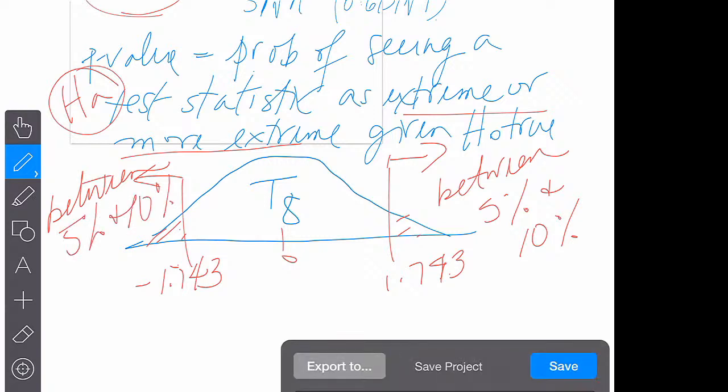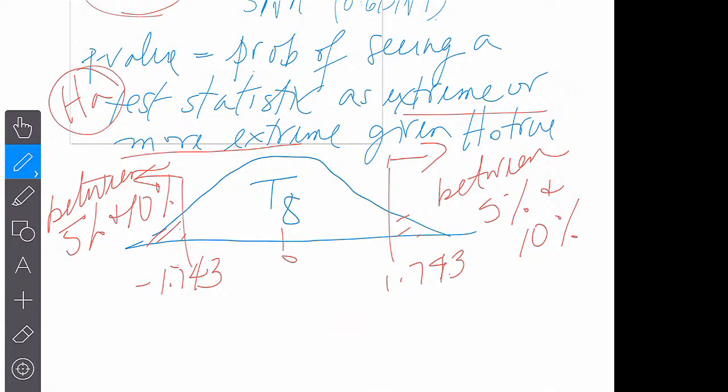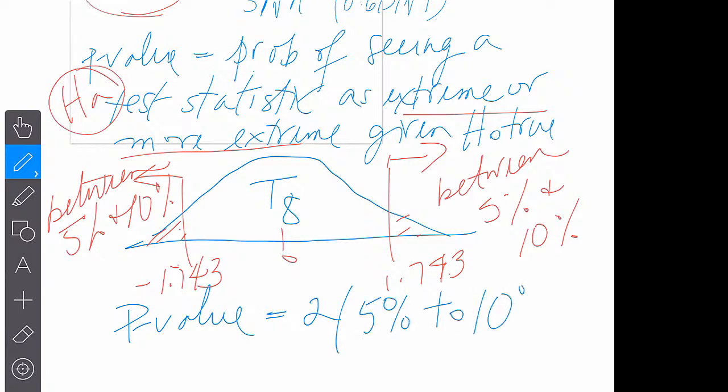So the chance of being as extreme or more extreme, higher or lower, is the double of those. So my suggestion for doing this is that you draw it. Every time you draw it, so you remember how to do this. So concluding, the p-value is 2 times 5% to 10%. Somewhere in between there.